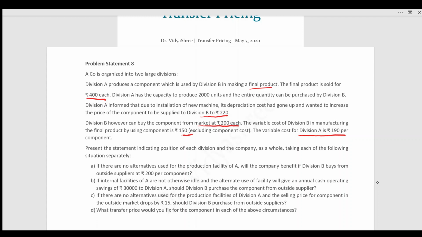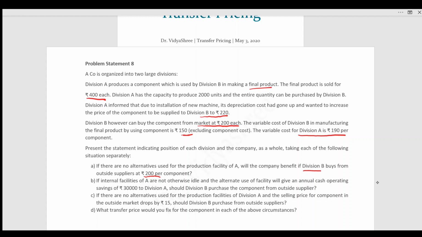Here we have to calculate two things. The question asked is whether the whole company is going to benefit if Division B buys from the outside supplier at rupees 200 per component. You can observe here, which I marked over here, that in the market it is available for rupees 200.